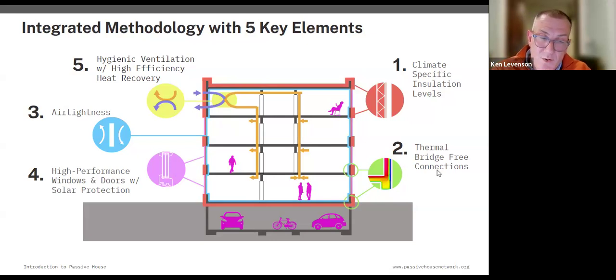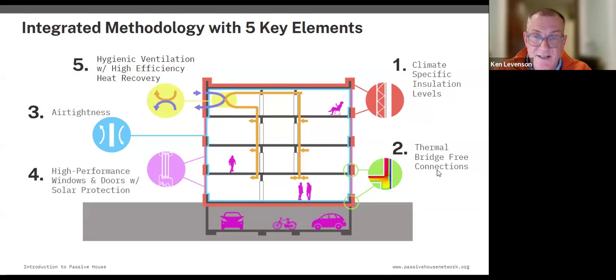Or wall to wall at the corners, you're going to have a place where there's, in conventional construction, a lot less insulation and a lot more heat loss. So we really try to get control of that, and those calculations go into the energy model so we can be more accurate. Along with the continuous insulation.